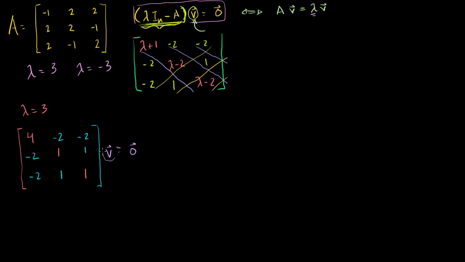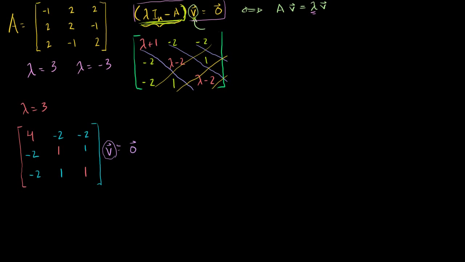So all of the values that satisfy this make up the eigenvectors of the eigenspace of lambda is equal to 3. So let's just solve for this. The null space of this guy is the same thing as the null space of this guy in reduced row echelon form. So let's put it in reduced row echelon form. So the first thing I want to do, let me just do it down here.